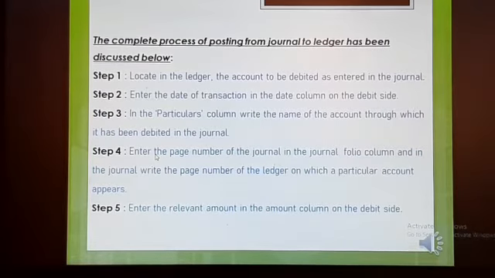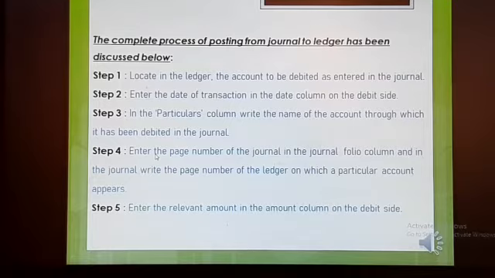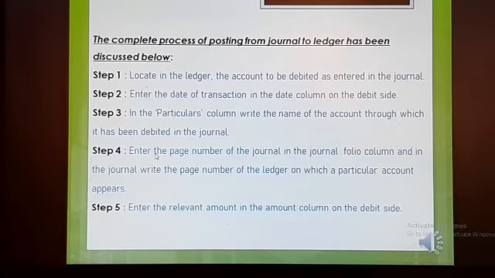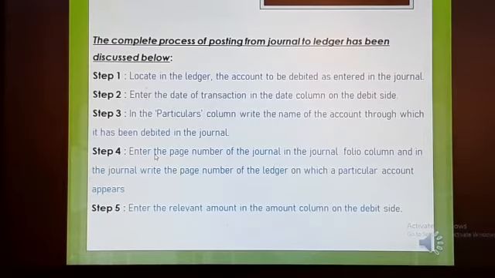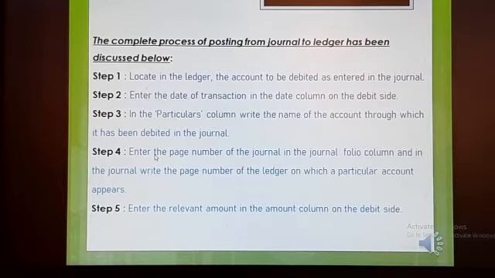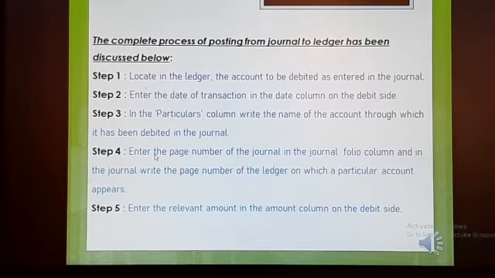Step 1. Locate the ledger account to be debited as entered in the journal. Step 2. Enter the date of the transaction in the date column of the debit side. Step 3. In the particulars column, write the name of the account through which it has been debited in the journal.